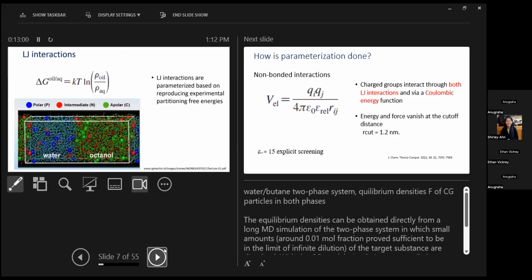How LJ interactions are parameterized is by reproducing the experimental partition free energies.